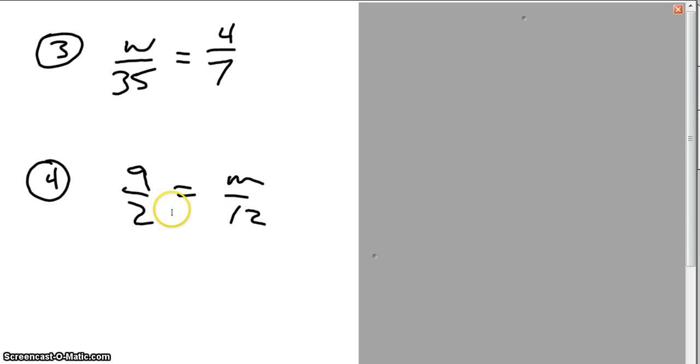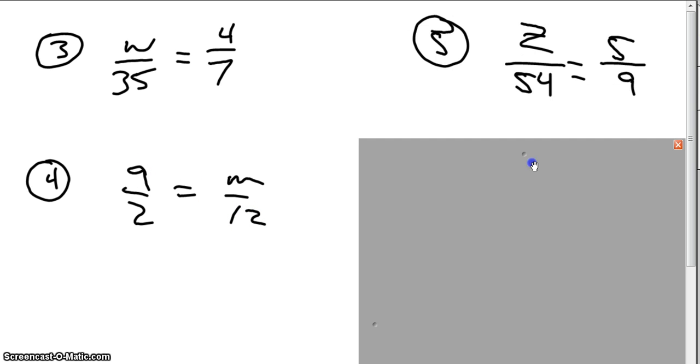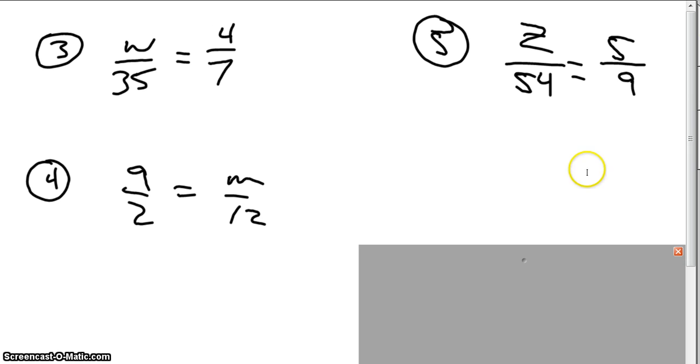Good. 2 times 6 is 12, so 9 times 6 is 54. And here's another one. Z equals, if 9 times 6 is 54, 5 times 6 is 30. Good. Z equals 30. So try to use your blowing up fractions as much as possible today, because we will get into cross products more tomorrow.